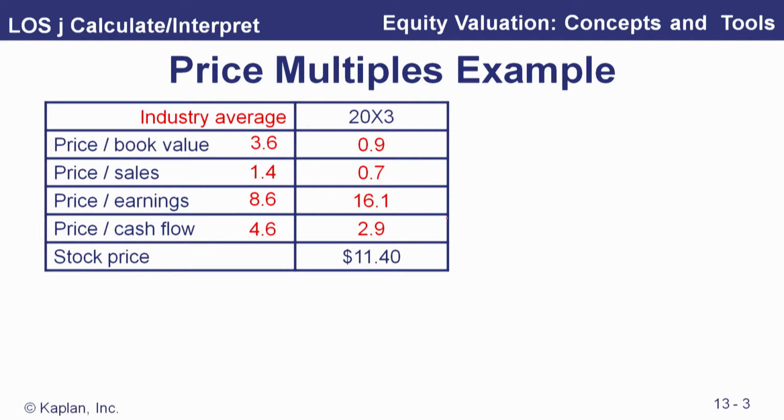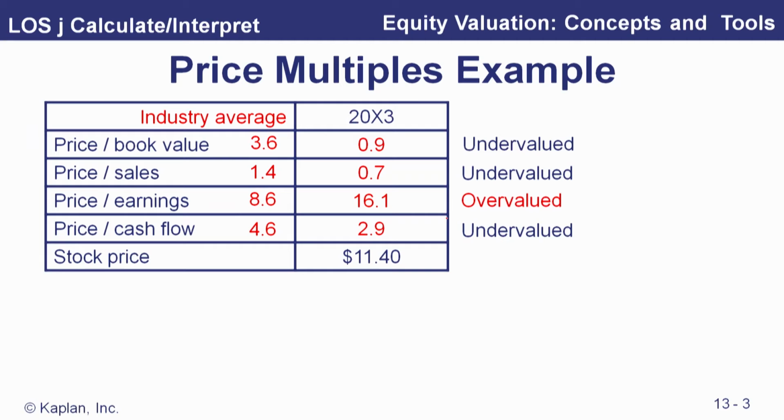So there's our comparisons as of the end of 2000x3. And we get a suggestion that we're undervalued in 3 of these, and the price-earnings ratio, as we noted, is higher than the industry average.